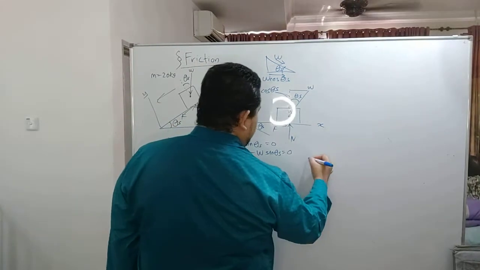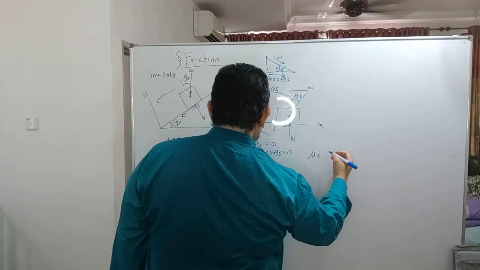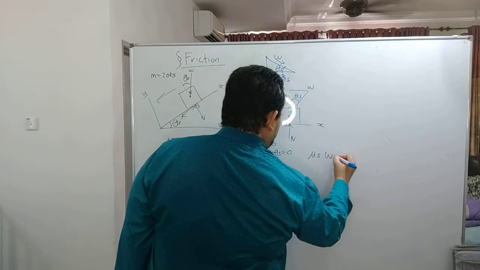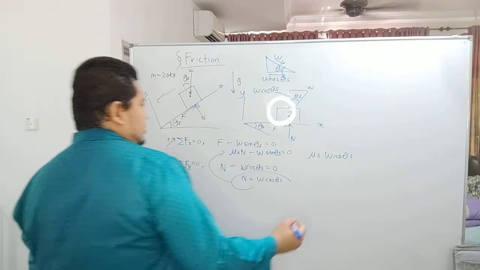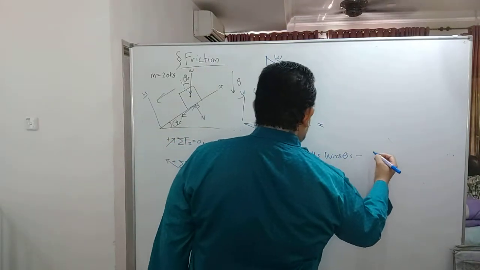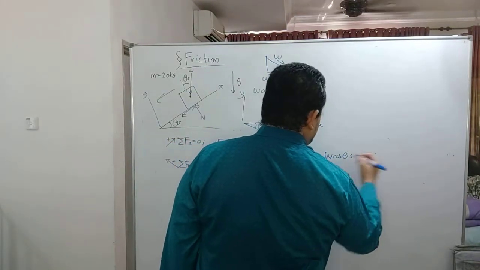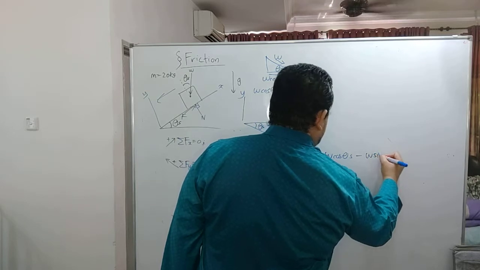Then you can get mu s W cosine theta s, and then minus weight sine theta s.